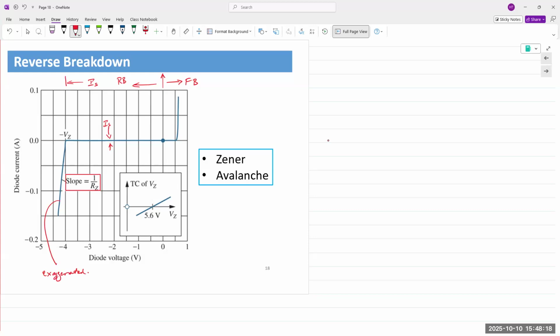That slope is even steeper. It's almost like a straight line facing vertically downwards. The current increases, voltage remains near constant. And this is known as the Zener effect. So let's write those down.